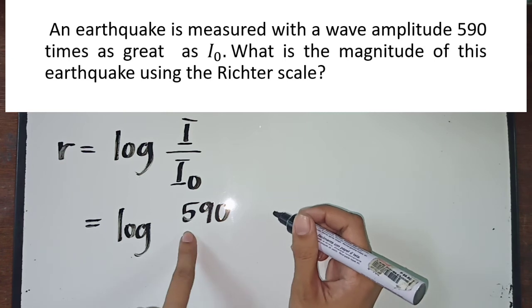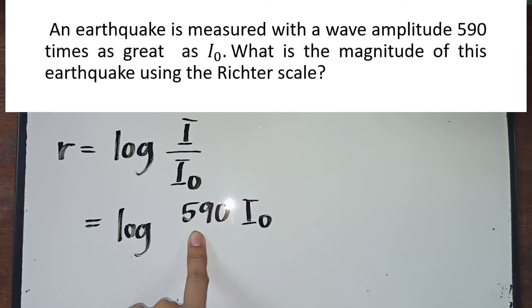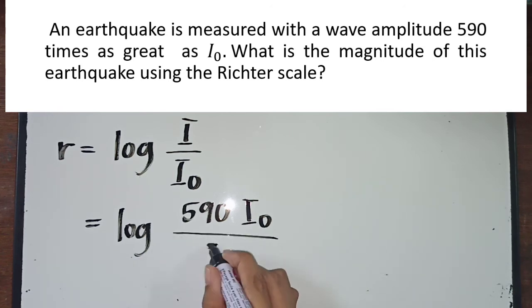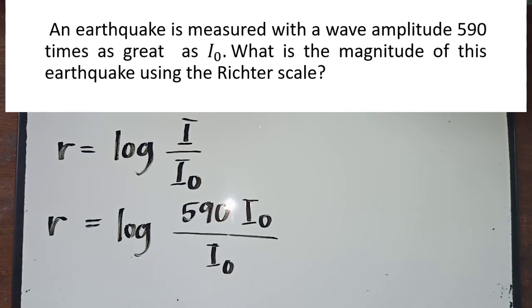So we have 590 times I sub 0 over I sub 0. So R is equal to the logarithm of 590 I sub 0 over I sub 0.